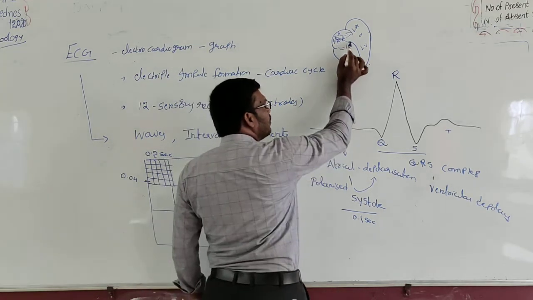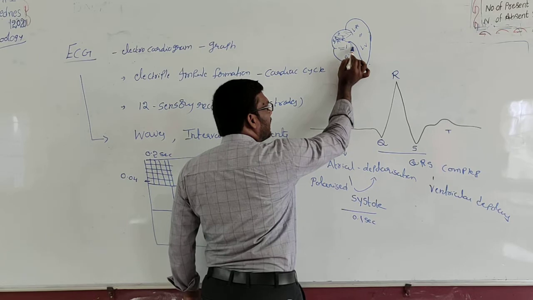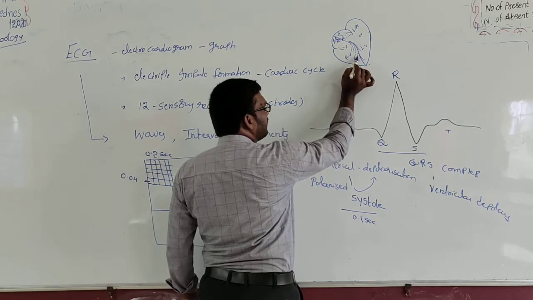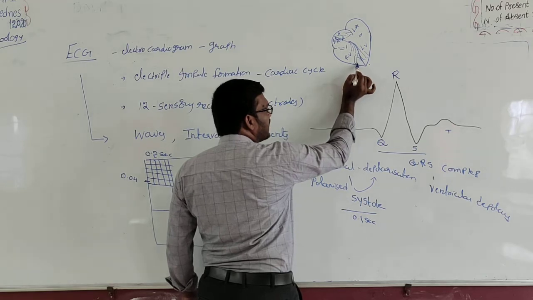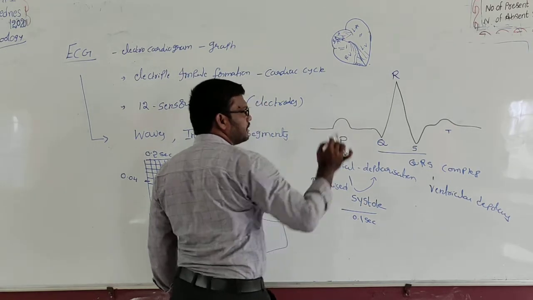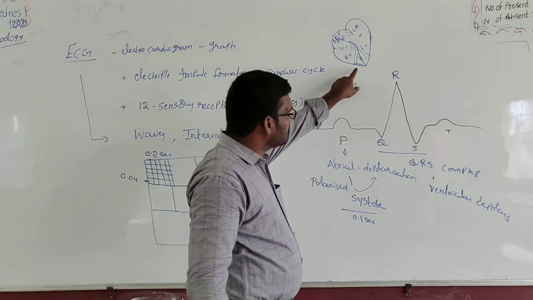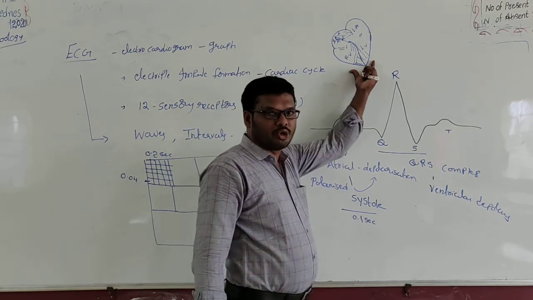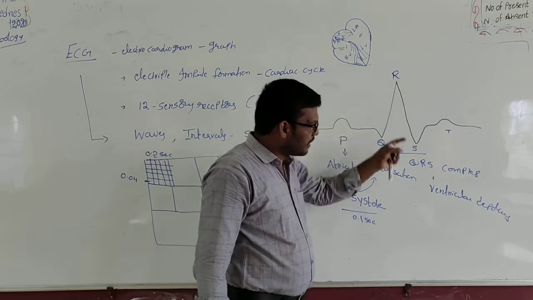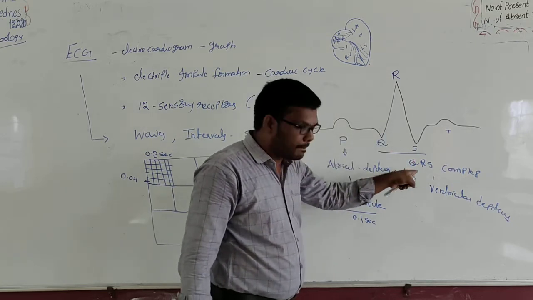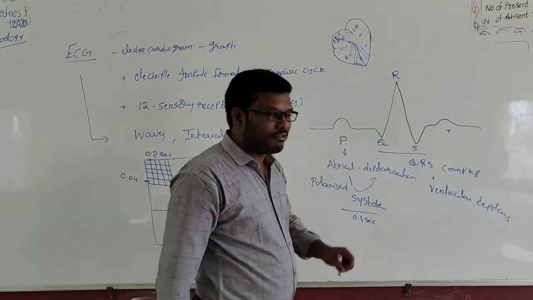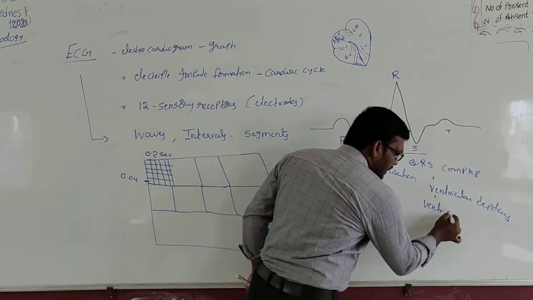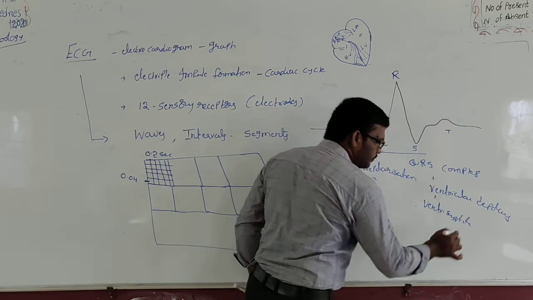From the AV node, the message reaches the bundle of His, to the Purkinje fibers, and the ventricular musculature. When the impulse reaches here, at that time the ventricle starts to contract. That's why in the QRS complex, ventricular systole takes place.